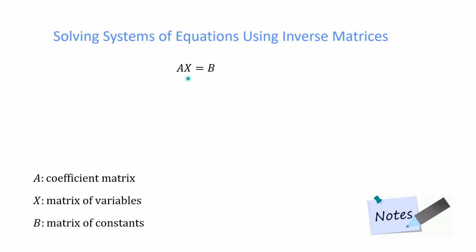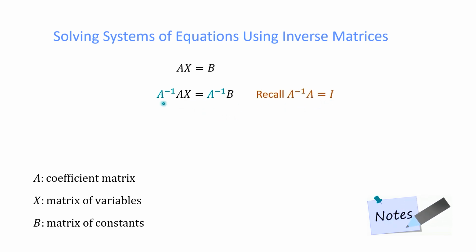So now we want to isolate this matrix X, and we do that by removing this matrix A. So how do I remove the matrix A? Well, we simply multiply it by its inverse matrix. So you can see I've done that here, and I've applied this to both sides. Now you should recall that if I multiply a matrix by its inverse matrix, we end up with the identity matrix.